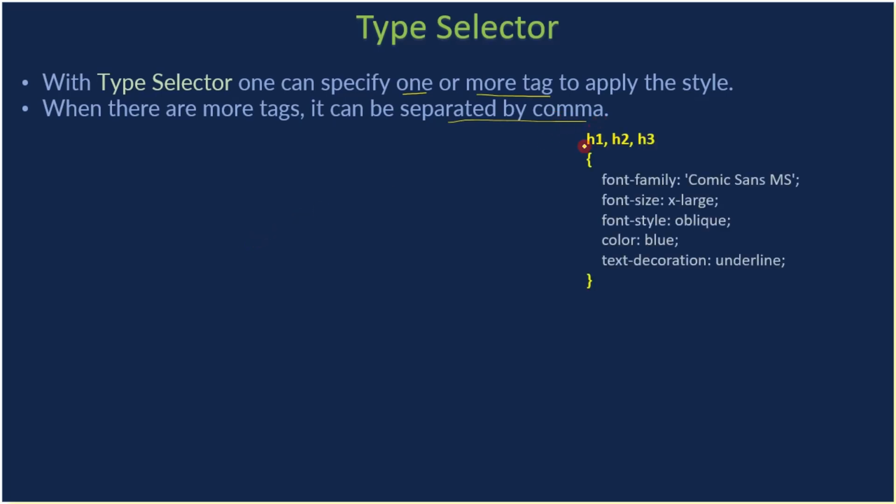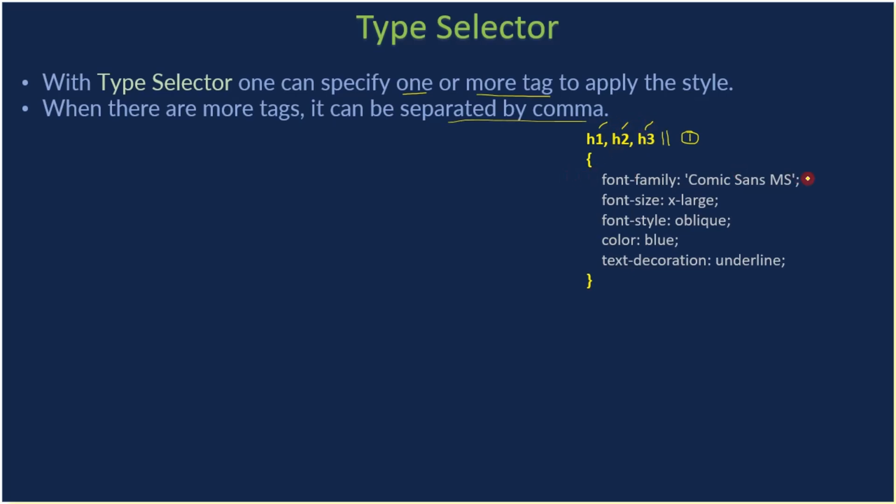Say for example, this is the selector we have, and we select three tags: h1, comma, h2, comma, h3.